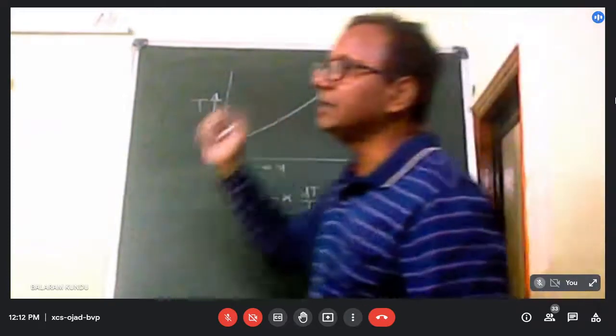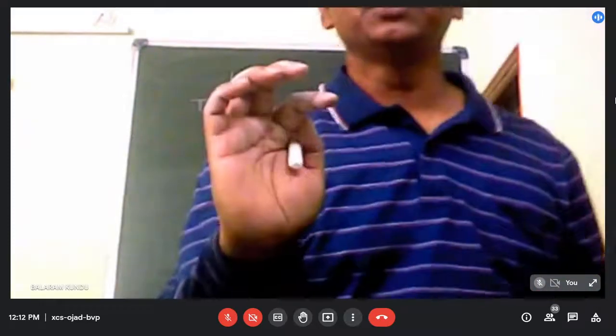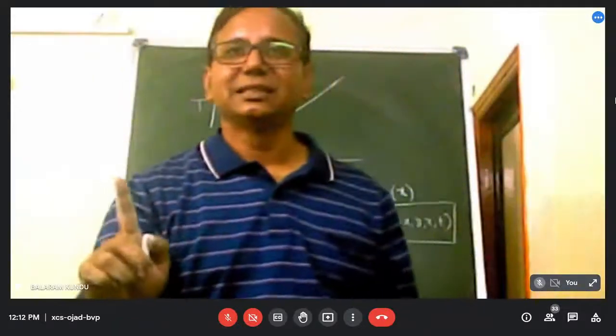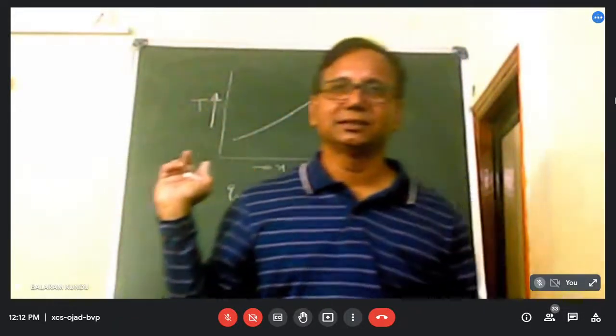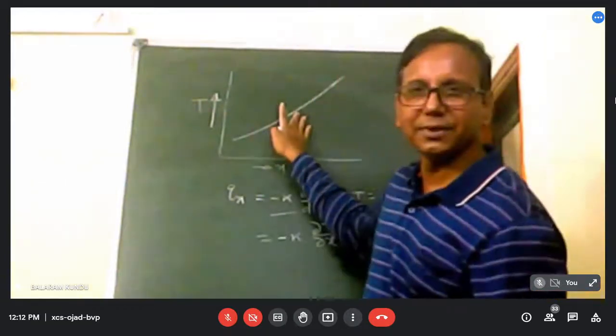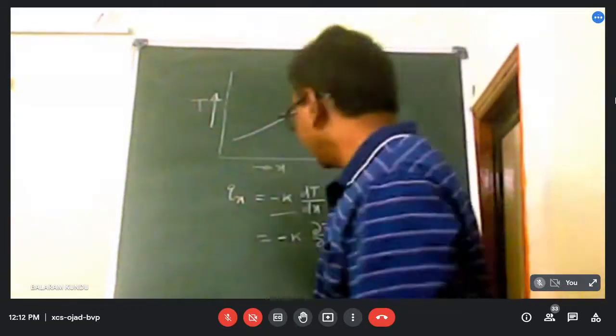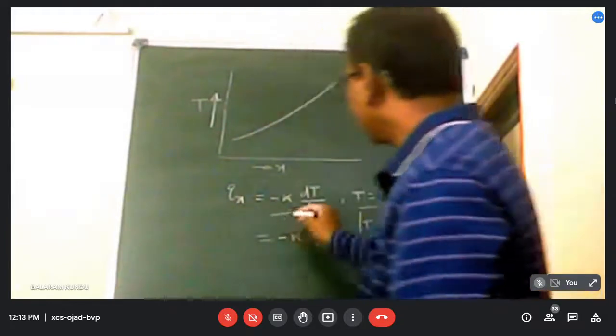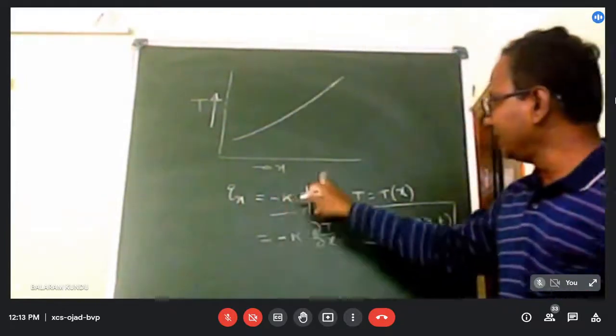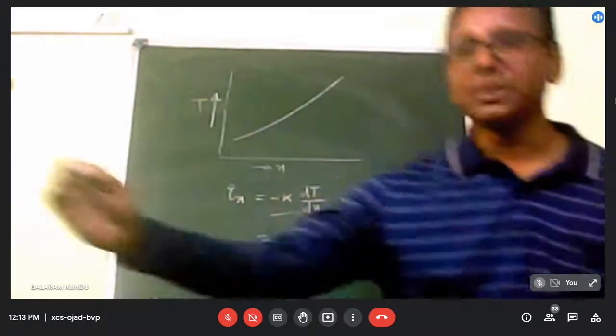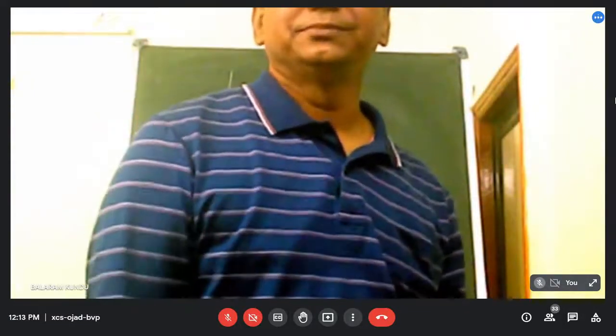In this case dt dx is positive. So if we apply qx equal to k into dt dx and remove the negative sign, then qx will be a positive quantity, because dt dx itself is positive.